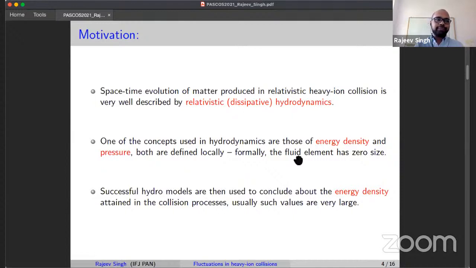The size of the fluid element, which has to be introduced in the relativistic hydrodynamic theory, has to be smaller than the macroscopic system but larger than the particle size. Therefore, you can consider that each fluid element has a number of particles inside. And the hydro models conclude that the energy density in this collision process has large values.